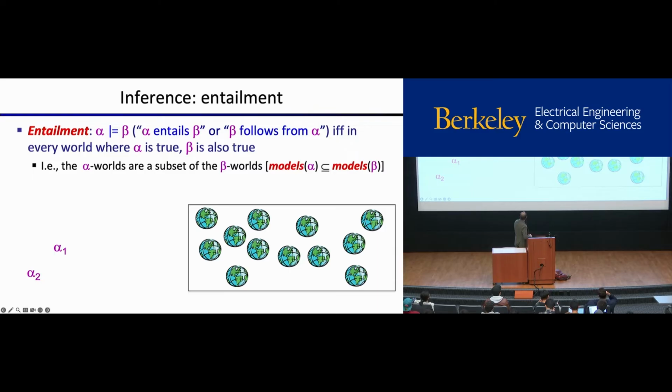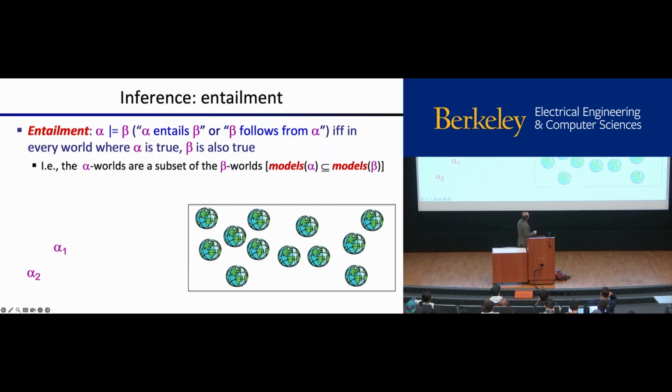Another way of saying that: the alpha worlds, the worlds where alpha is true, are a subset of the beta worlds. And note the direction here because it can be a little unintuitive. Alpha entails beta if the models that satisfy alpha are a subset of the models that satisfy beta. So alpha is kind of a stronger sentence than beta because it entails it.